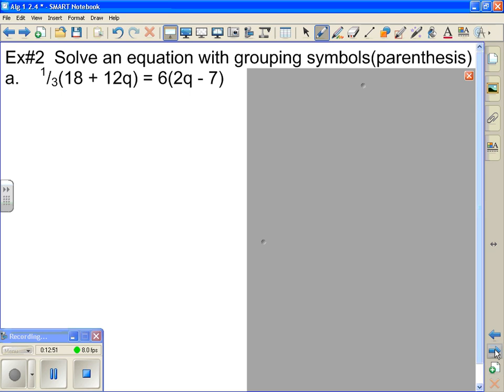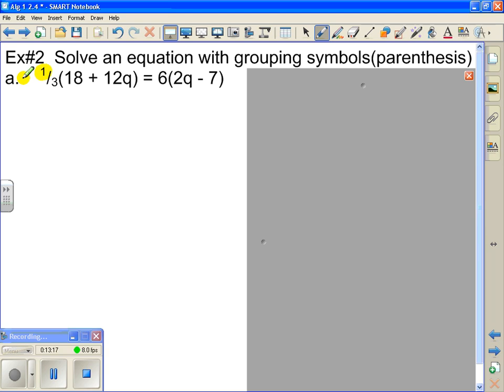Okay, so when we have a parentheses and a number in front, we're going to do what property? Good, the distributive property. Now, does anyone know how to distribute a fraction when there is a number 1 on top of the fraction?